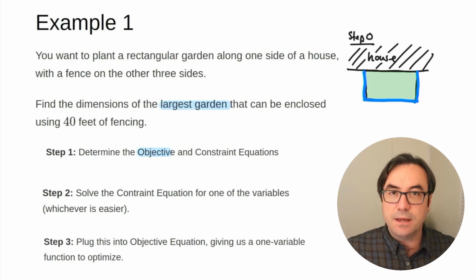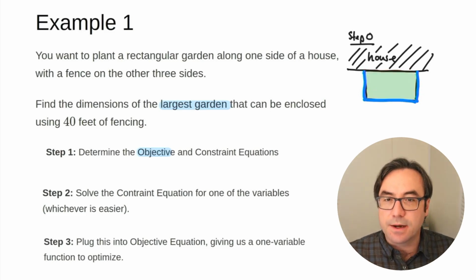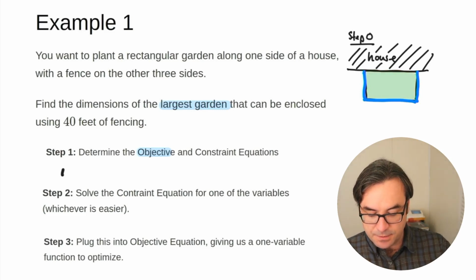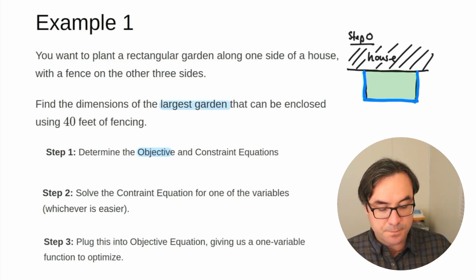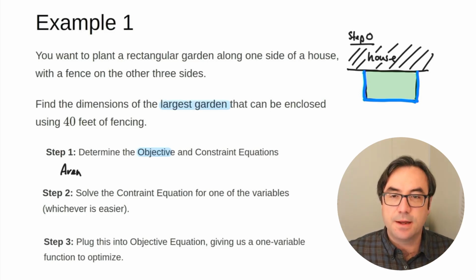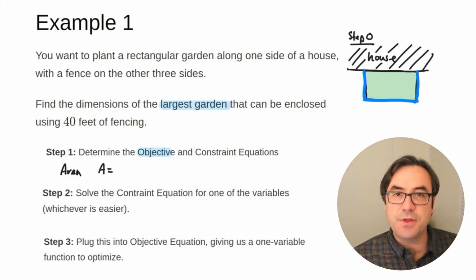So the way we measure the size of a garden, that's important for planning things, is with area. So the objective is going to be the area. And to shorten things up, let's just call this A.